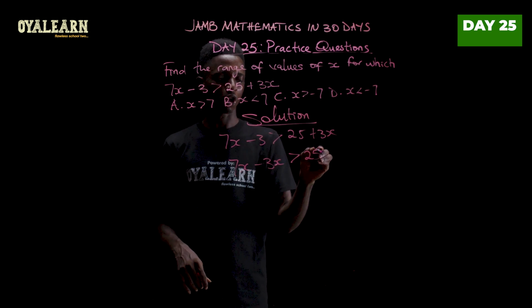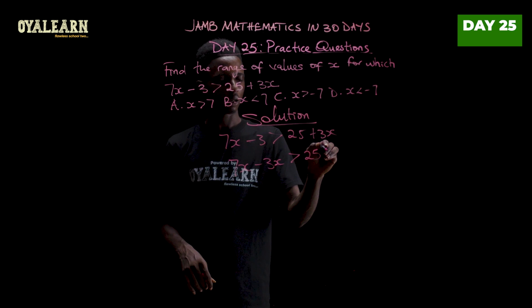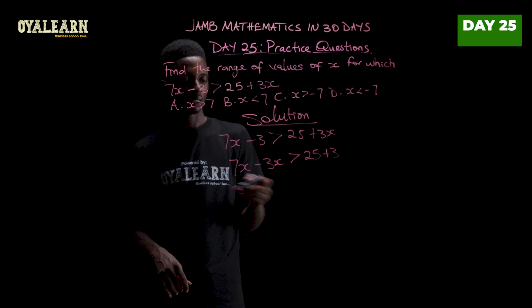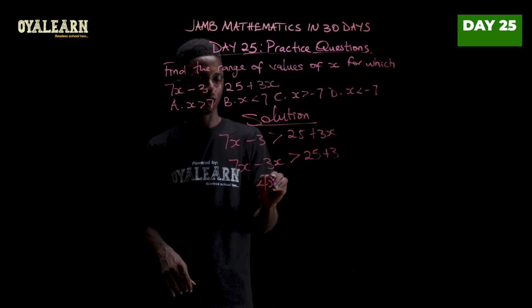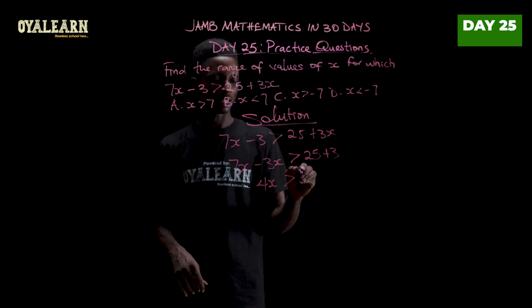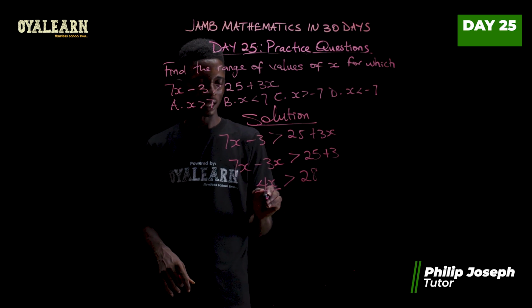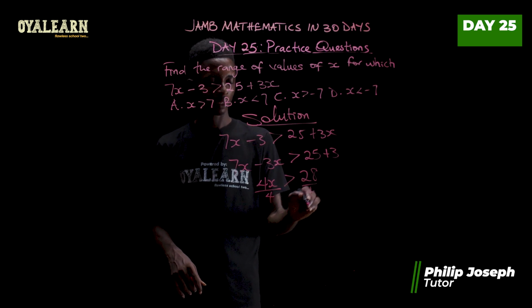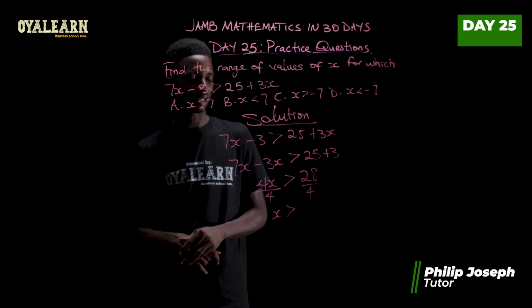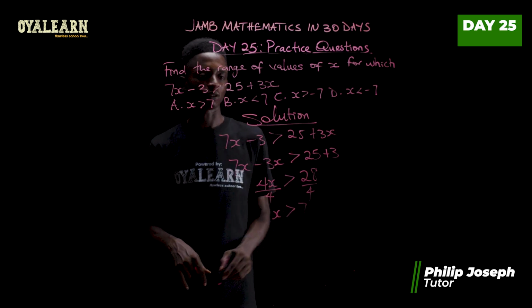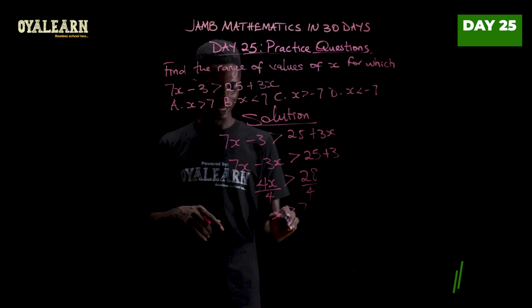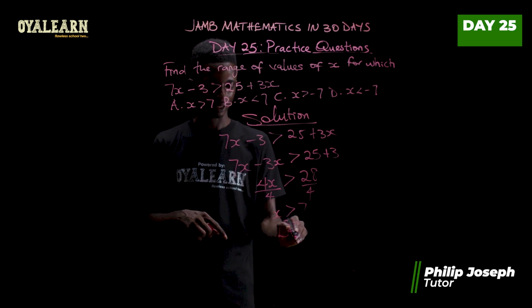So when this comes, it becomes plus 3. Now let's see. What we have here is now 4x greater than, when we add this, we get 28. Now divide both sides by 4, and x is greater than 7. So the correct answer here is in option A.